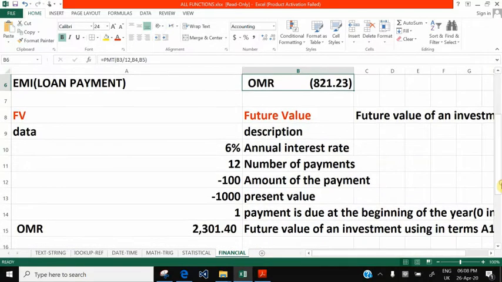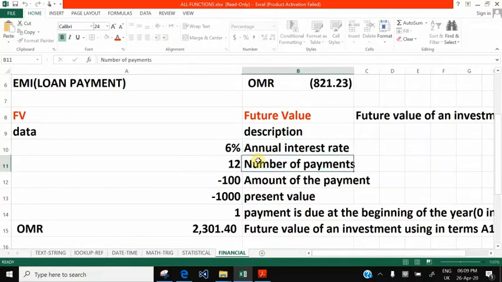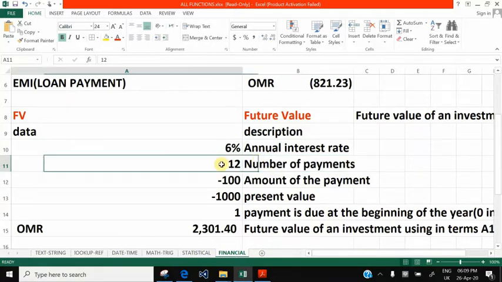And there is another function which is FV, the future value of an investment. Five things have to be known: the annual interest rate, for example 6%, and the number of payments, how many payments, like 12 months.